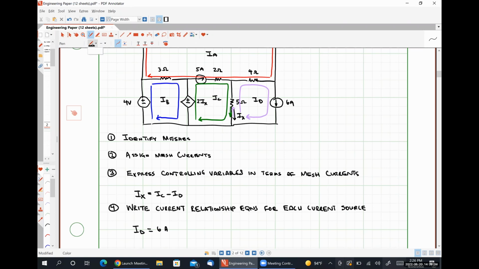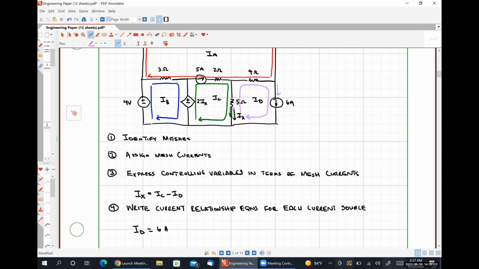So she came up with this by observing that as ID flows around its clockwise path, when that mesh current goes through the branch that includes the 6 amp source, the direction of the mesh current is in the same direction as the current source, so it's literally the same current. If I had defined the 6 amp current source to have a current flowing up, we would have observed that our mesh current is in the opposite direction as the source, and it would have been negative 6 amps, okay?